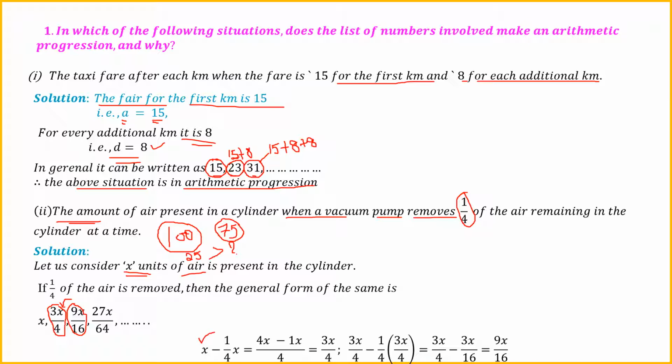X units initially, 1/4 of it is being removed. By taking the LCM, 4 is the LCM, so it's 4x minus x, which gives me 3x/4 when 1/4 of the air is removed.